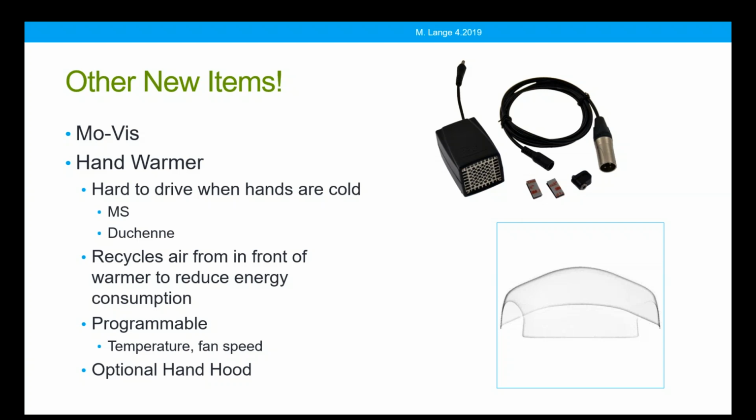It's reheating the air that's already been warmed, so that reduces power consumption. It also has an optional hand hood, which keeps that warm air a little more contained by the joystick so that, again, we don't have a loss of heat.